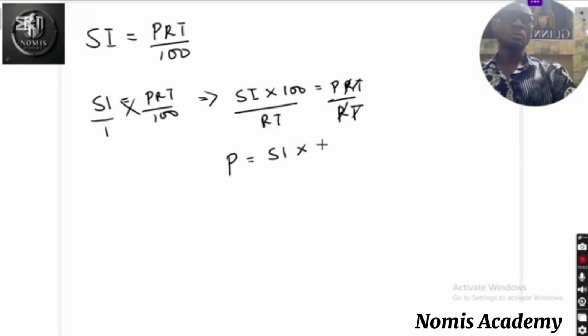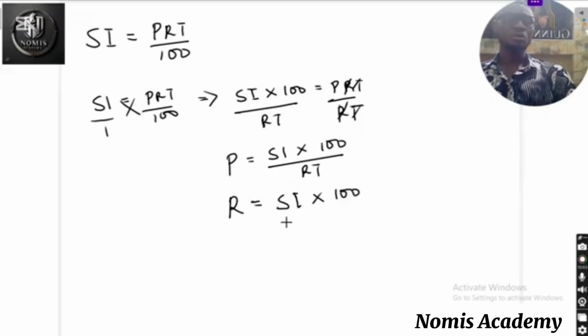So the same thing is applicable for rate and for time. Supposing I'm asked to look for the rate at which the money was borrowed, then the formula becomes R, the rate, equals SI, that is the simple interest, multiplied by 100 all over PT.